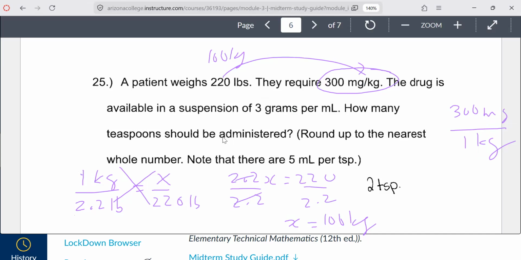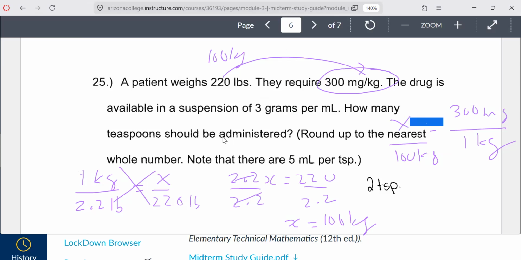So if I have 100 kg, if 1 kilogram will take 300 mg, then a 100 kg patient will take 100 times 300 mg. If you don't know how to do that, just set it up. 300 mg per 1 kilogram equals 100 kilograms over x.